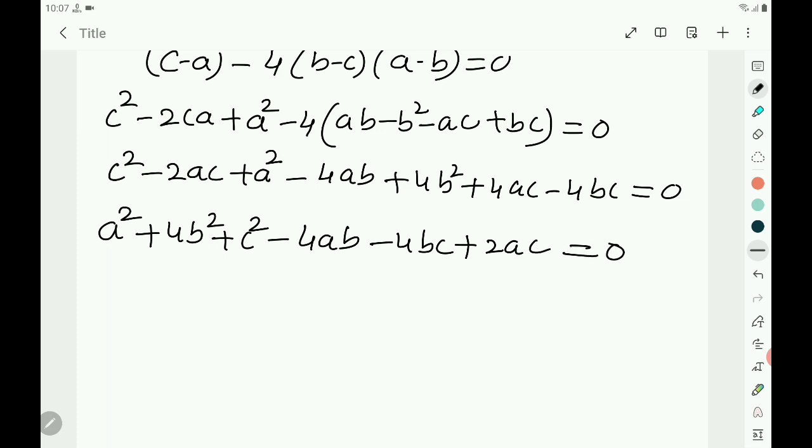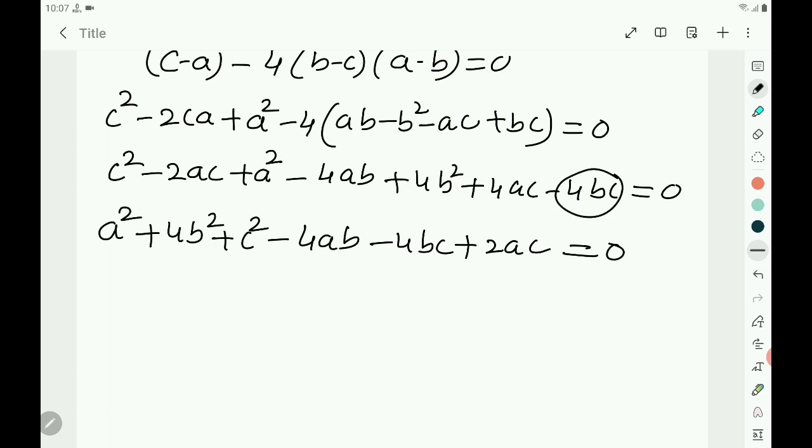Here we got a square plus 4b square plus c square in order. Next minus 4ab, minus 4bc plus 2ac.